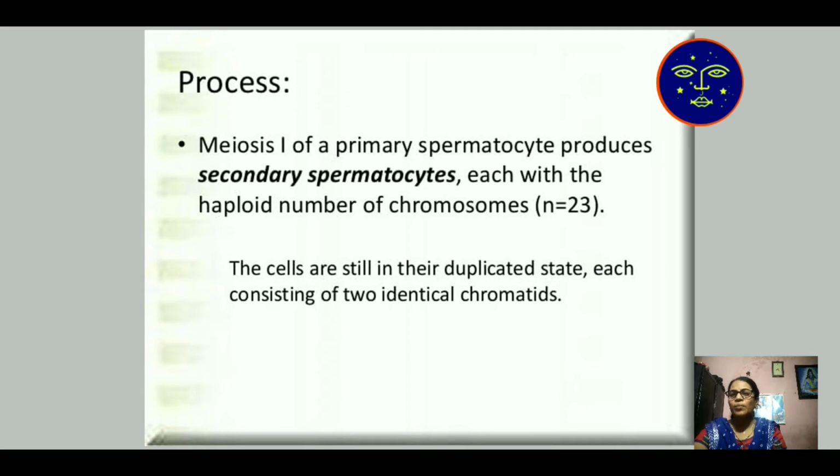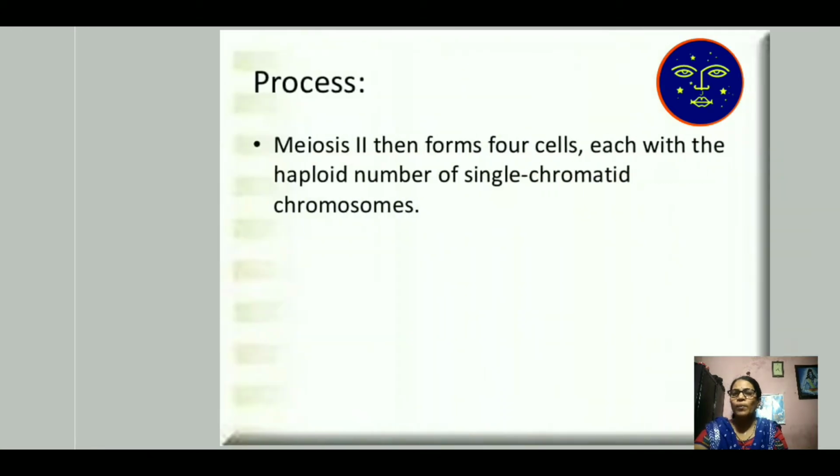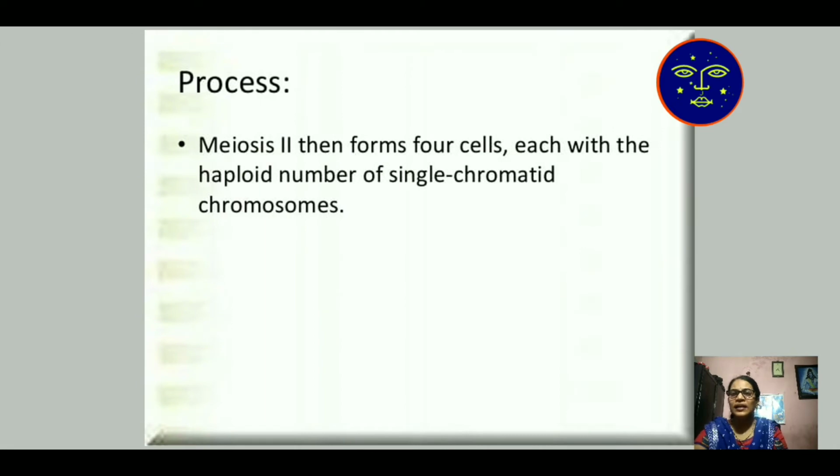Each consists of two identical chromatids. Then the secondary spermatocytes undergo the second meiotic division and form 4 cells, each with a haploid number of single-chromatid chromosomes. Means the second meiotic division is the equational division. So 4 cells are produced, each with n number of chromosomes.